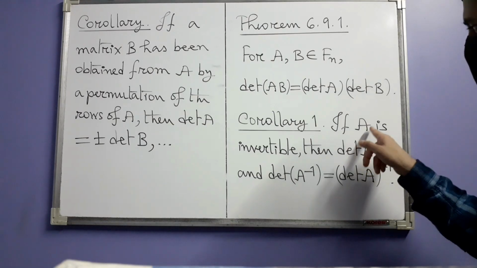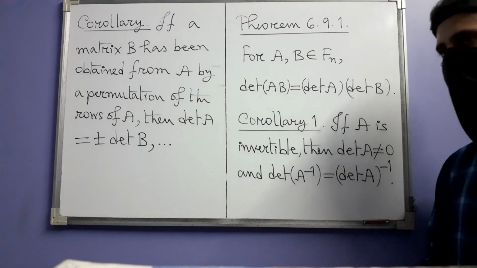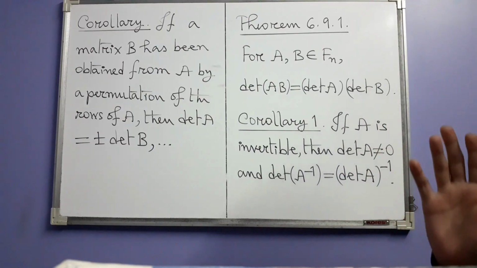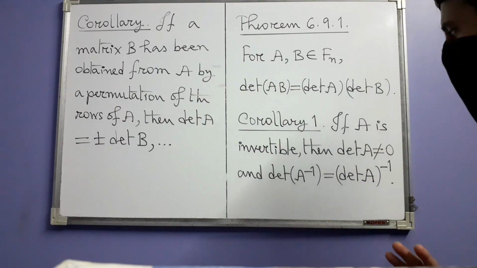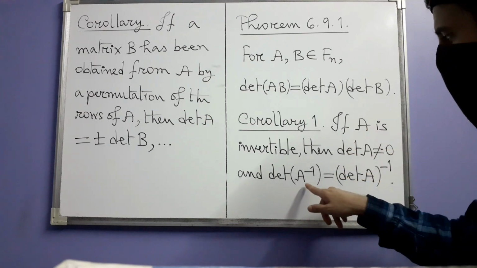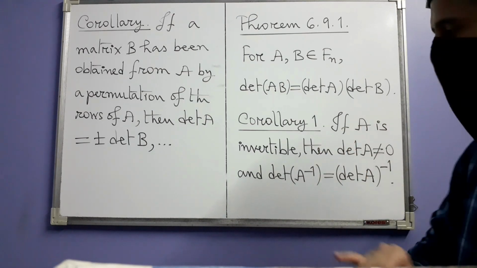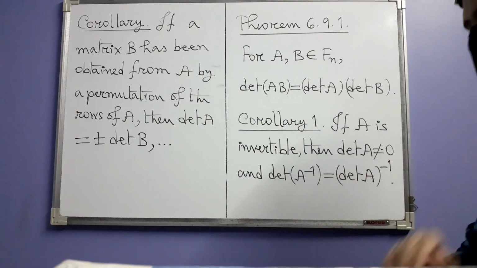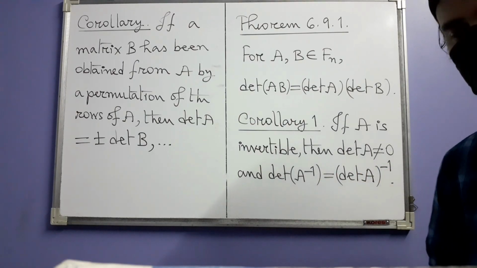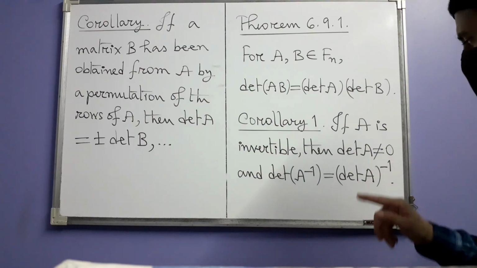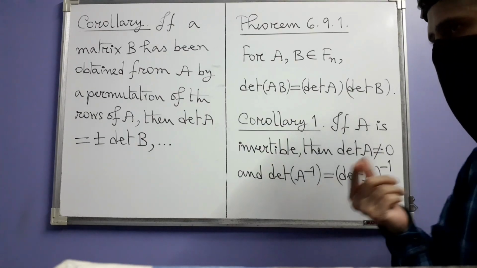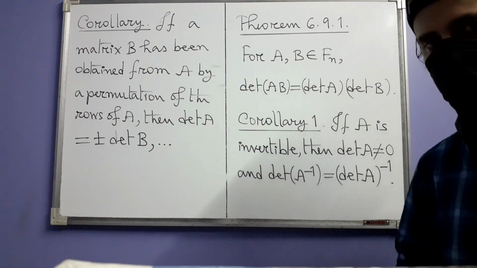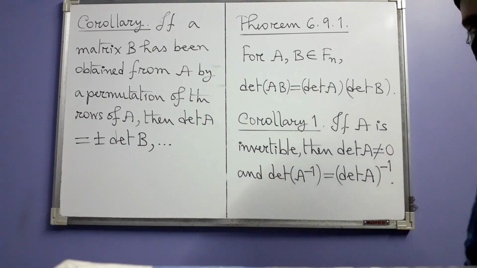So if our matrix A is invertible, then its determinant is first of all a non-zero field element, and the second thing is that because A is invertible, its inverse exists, and the determinant of the inverse is equal to the inverse of the determinant of A. And what is this inverse? This inverse is just the multiplicative inverse of this field element determinant of A, which exists because it's a non-zero field element.